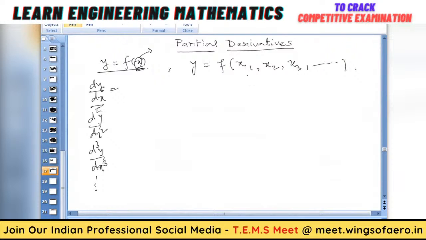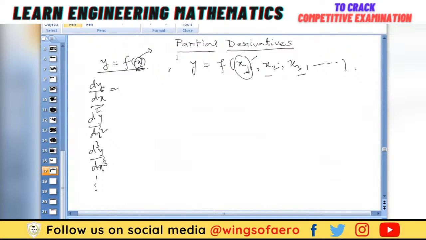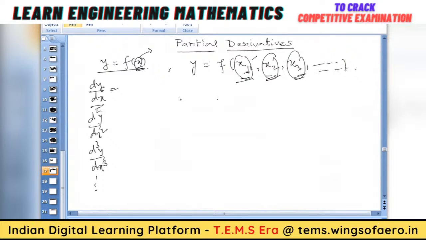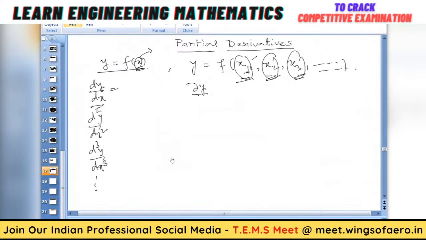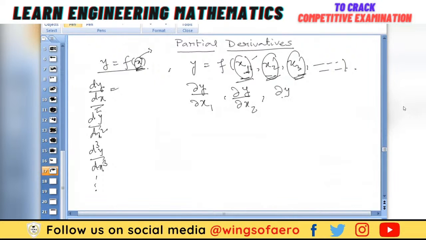But when there are a number of variables, x1, x2, x3, at each and every independent variable we have to take the derivative. That is, we can take the derivative with respect to x1, with respect to x2, with respect to x3, and so on. In this case we call it a partial derivative, that is del y del x1, del y del x2, del y del x3, and so on.